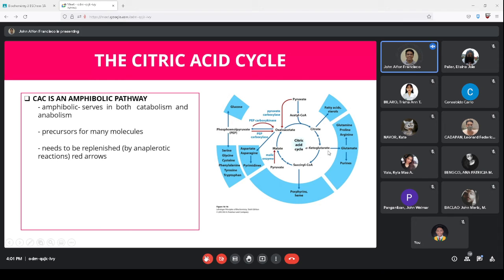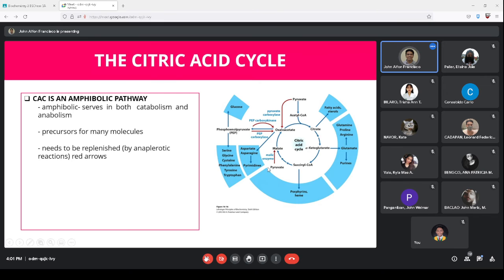Si alpha-ketoglutarate, it can be converted to glutamate para mag-produce ka naman ng purines or another type of amino acids. Si succinyl-CoA, it can be used to produce porphyrins or heme dahil nga dun sa kanyang iron component.